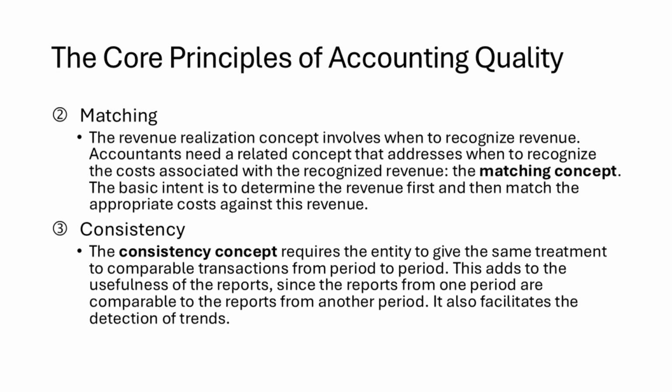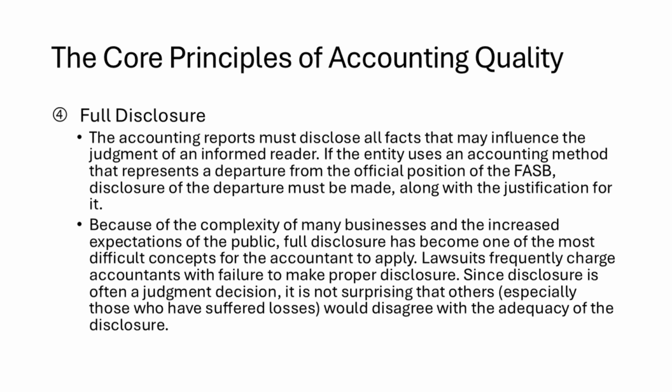Full disclosure requires reports to include all facts that could affect and inform the reader's judgment. If a company departs from FASB guidance, it must reveal the departures and explain why.